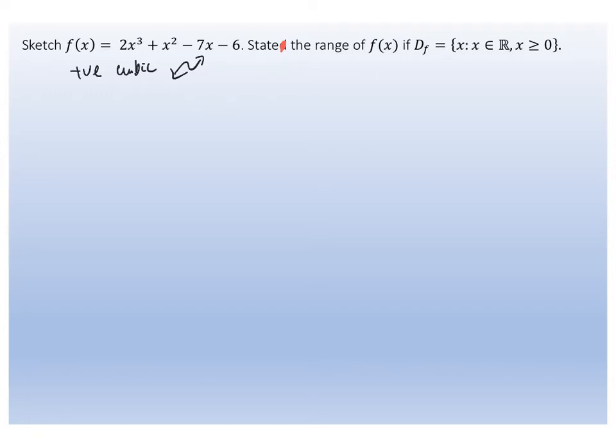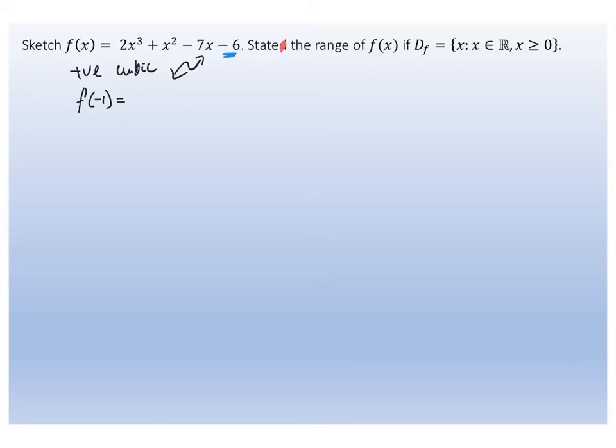And you generally start by looking at the factors of the constant. In this case, the factors of the constant are 1, 2, 3, and 6, so plus or minus 1, plus or minus 2, plus or minus 3, plus or minus 6. Because I've already worked on this question, I know that f(minus 1) is actually 0.